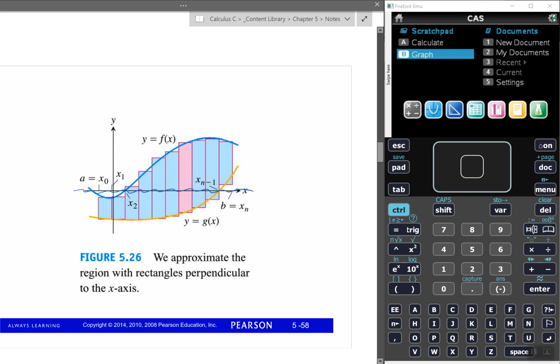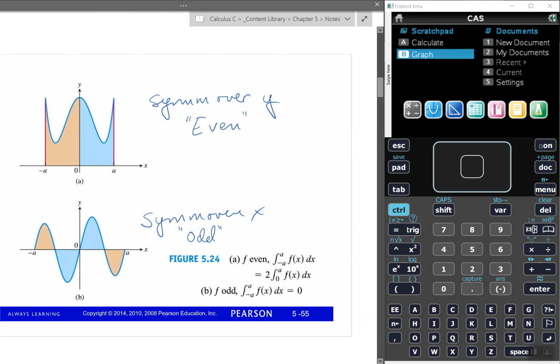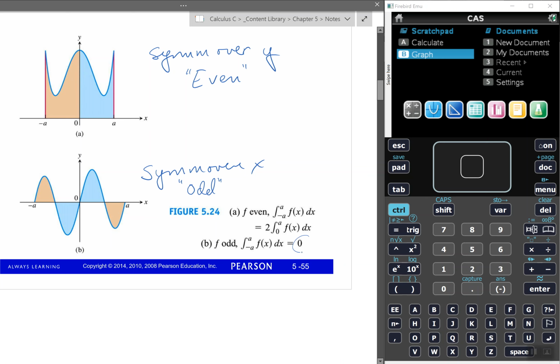And when we find the total area, we take the difference of those two areas. So the positive area minus the negative area to get a net positive answer. Unlike the symmetry up here where we have a total of 0 area.